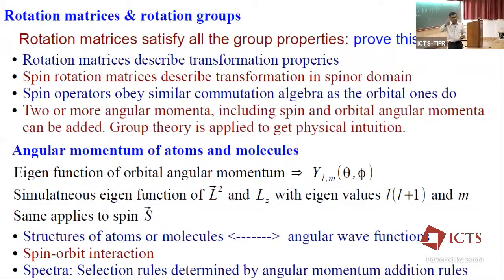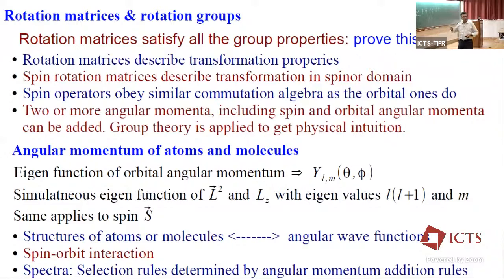If you have a prepared axis in your system, for example, you can apply a magnetic field and it will give a prepared axis, because magnetic field is always proportional to the angular momentum. So this is coupling between an angular momentum and a magnetic field, actually coupling between two angular momenta.